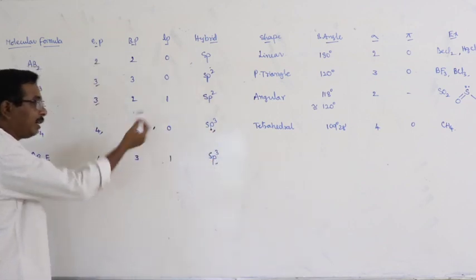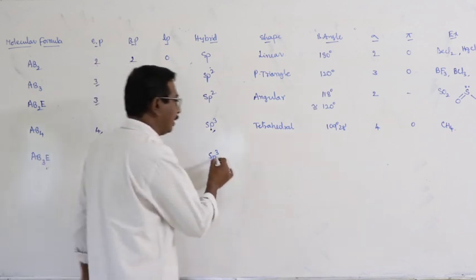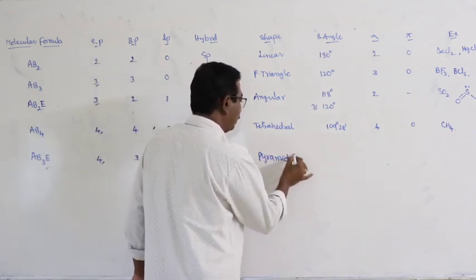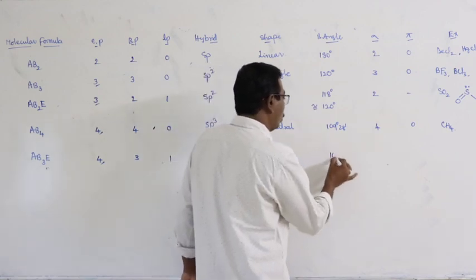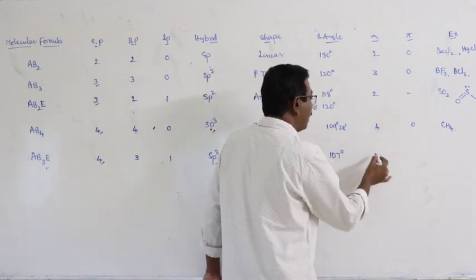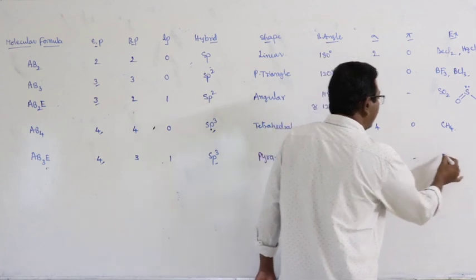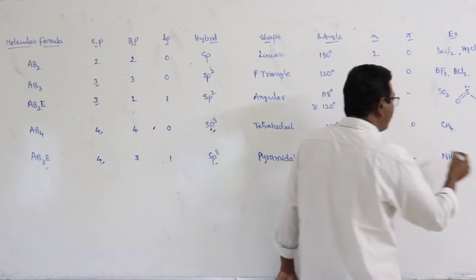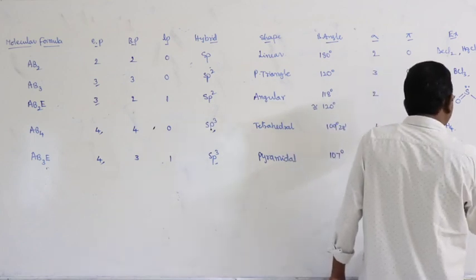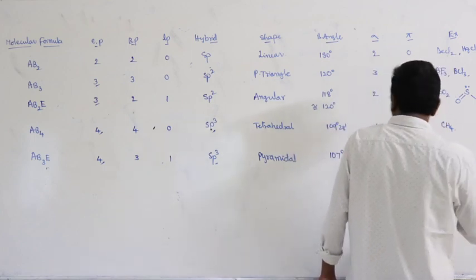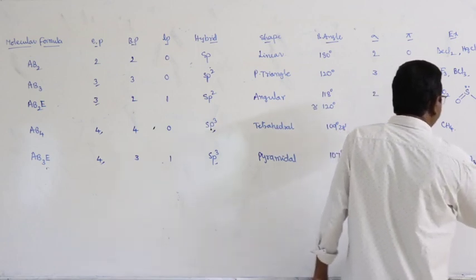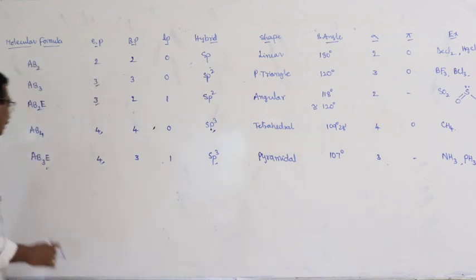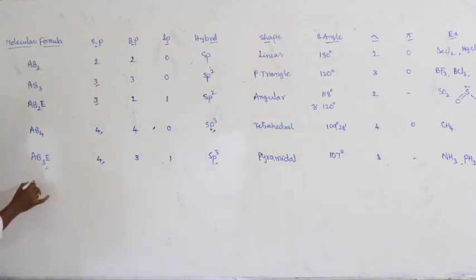The difference is only the number of bond pairs and lone pairs. Here the shape of the molecule is pyramidal, and bond angle 107 degrees. Number of sigma bonds 3. Example NH3, PH3, PCl3. Okay, go for another possibility.